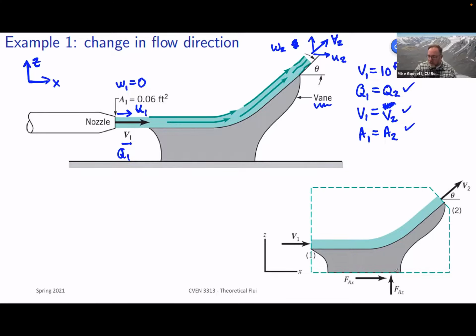Now here are two reaction forces, and you'll notice that they are called FA. So FAX and FAZ are the two components. The A stands for anchor. So often what you see is a reaction force or an anchoring force to keep this vane in place.